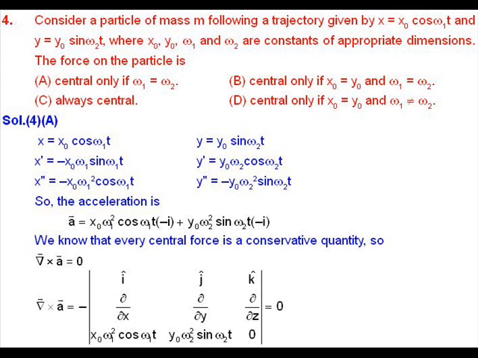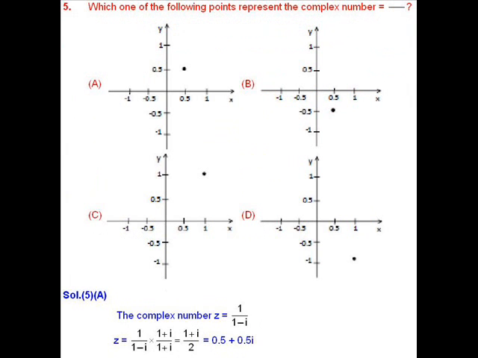We know that every central force is a conservative quantity, and if a vector quantity is conservative, then its curl will be 0. So we know that acceleration is a vector quantity, so curl of acceleration is equal to 0. It means force will be central. Option number A is correct.